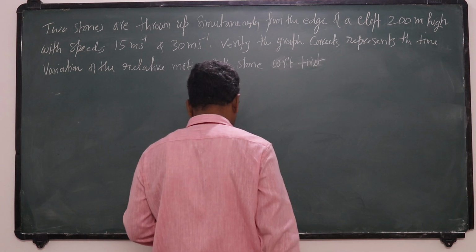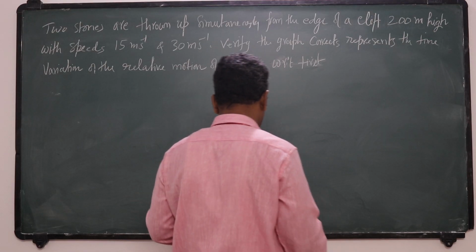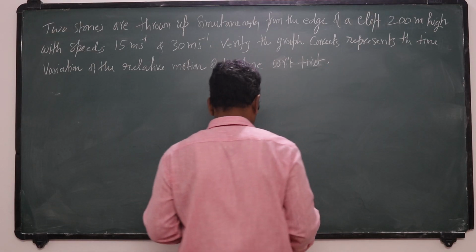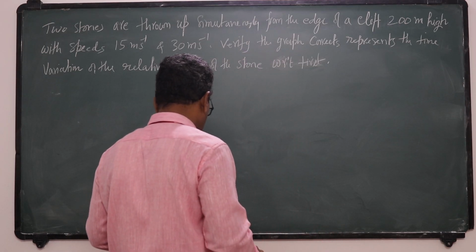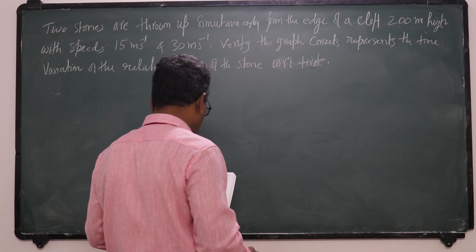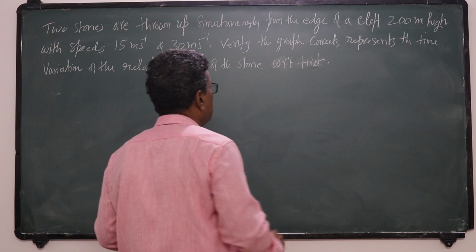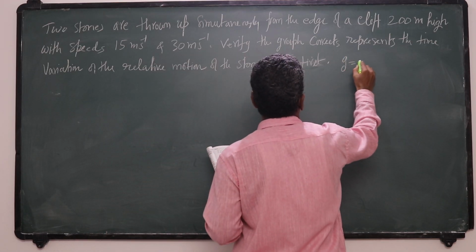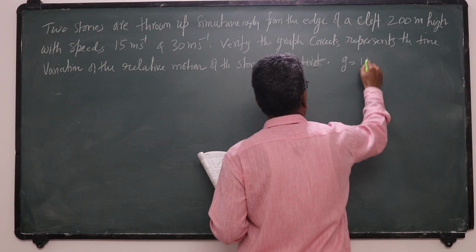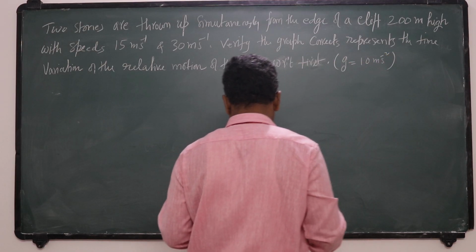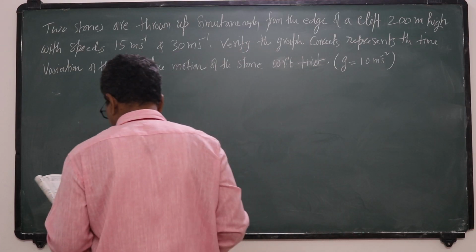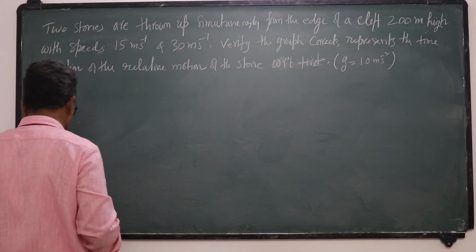Neglect air resistance. Okay, neglect air resistance assumes that stones do not rebound after hitting the ground. Take g is equal to 10 meter second inverse. Give the equations for the linear and curved path of the plot.